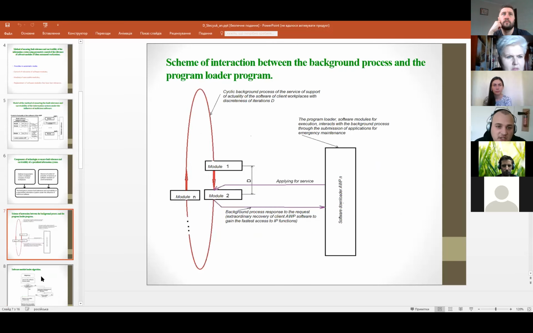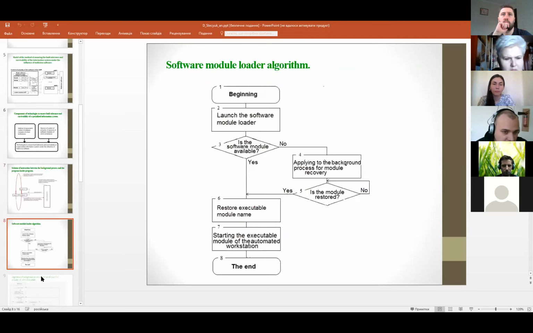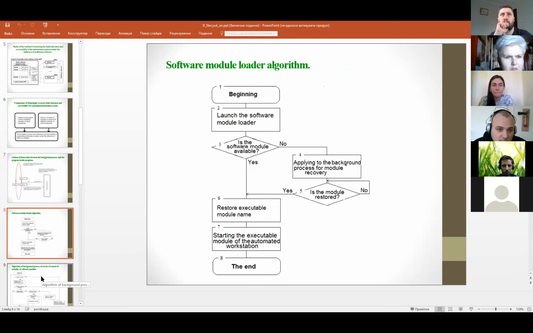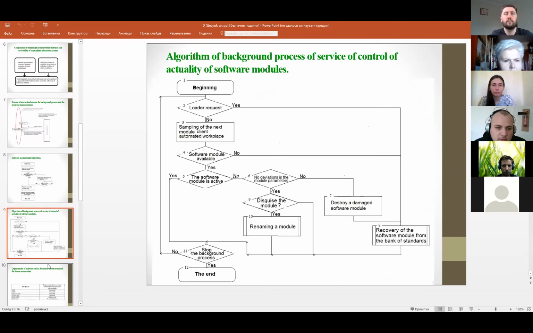Schema of interaction between the background process and the program loader. Software model loader algorithm, you see in this picture. Algorithm of the background process of the service of control and activity of software modules.